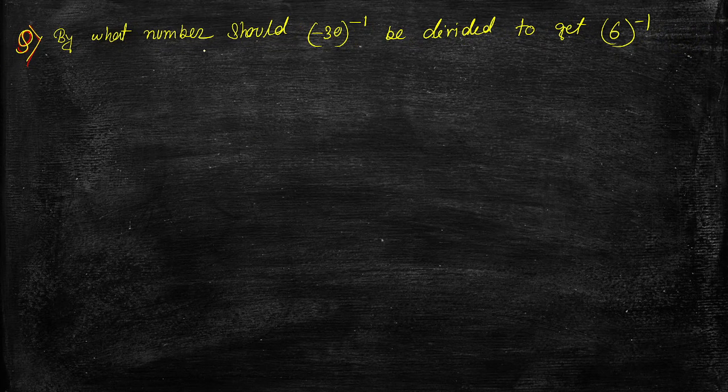Now in this question, by what number should minus 30 to the power minus 1 be divided to get 6 to the power minus 1? Write it down this way. So minus 30 to the power minus 1 gets divided by a number, this is x, so that the answer will be 6 to the power minus 1.